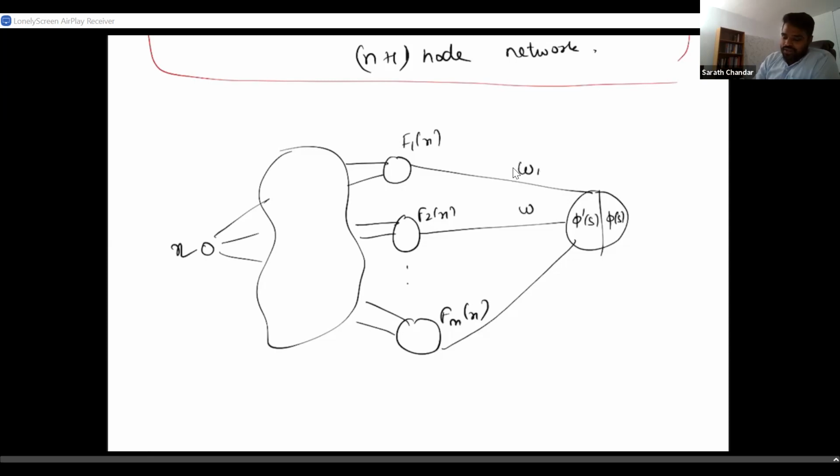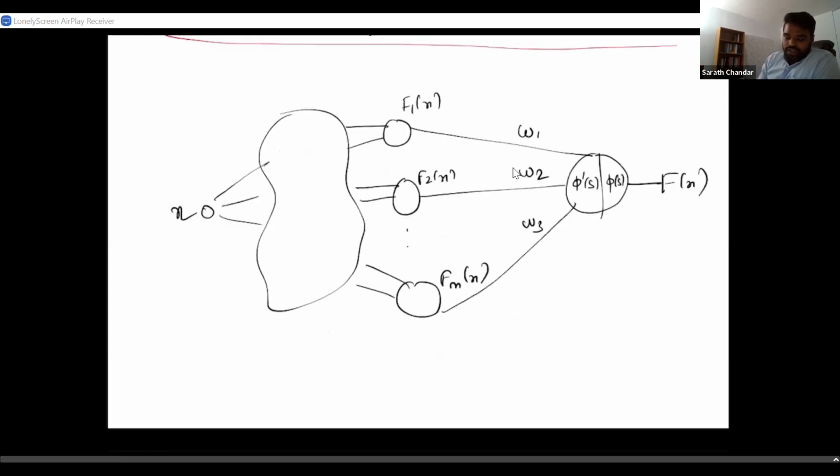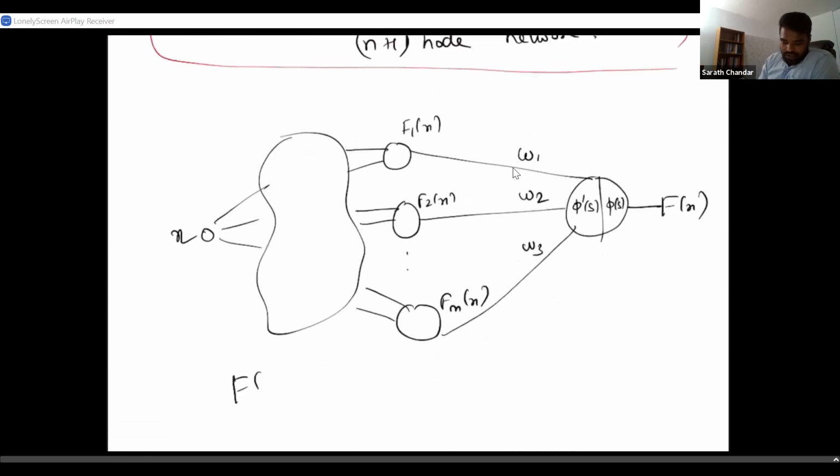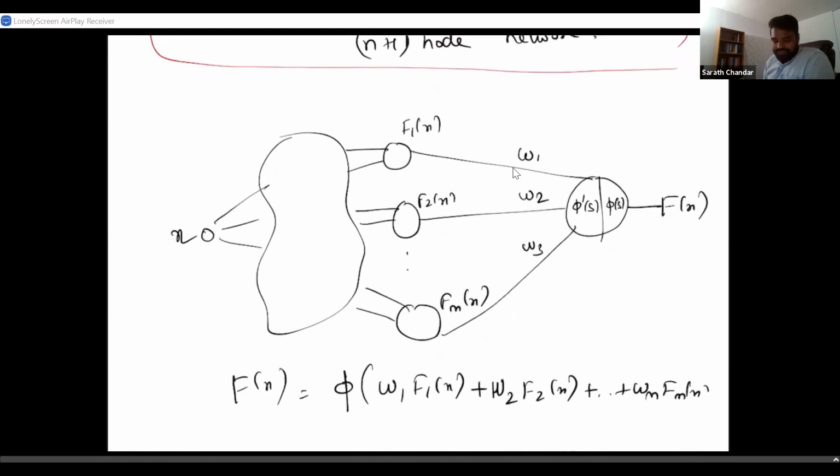There is a weight to integrate these things, and the final output is f of x. So f of x is equal to phi of w1 times f1 of x plus w2 times f2 of x plus wm times fm of x. This is a neural network, and this neural network has n plus 1 nodes.